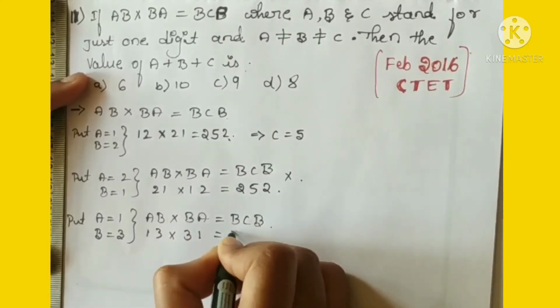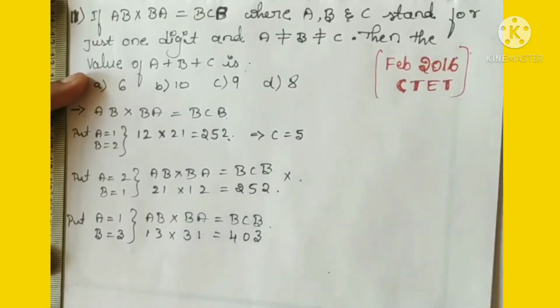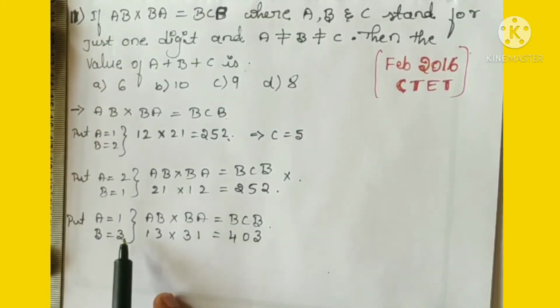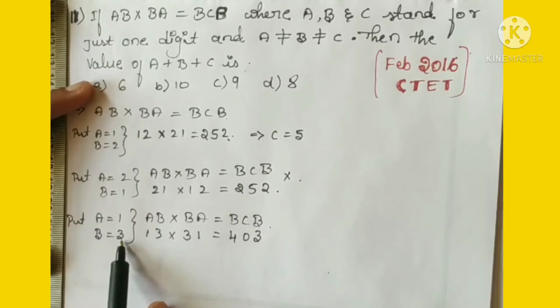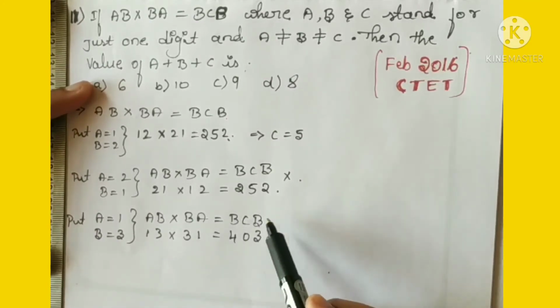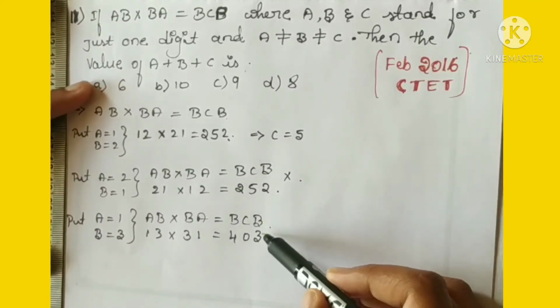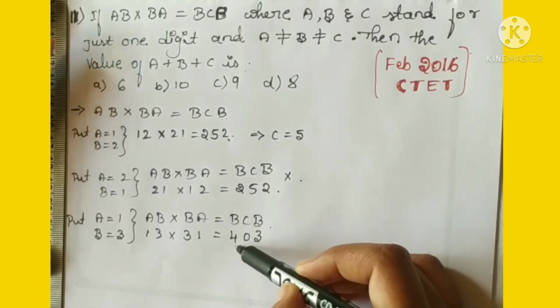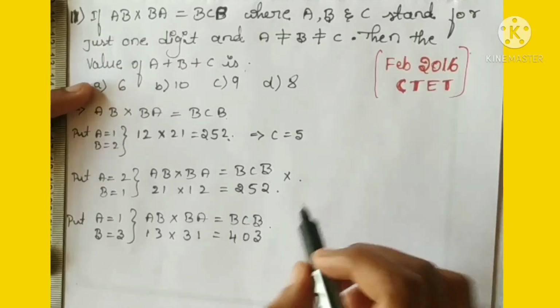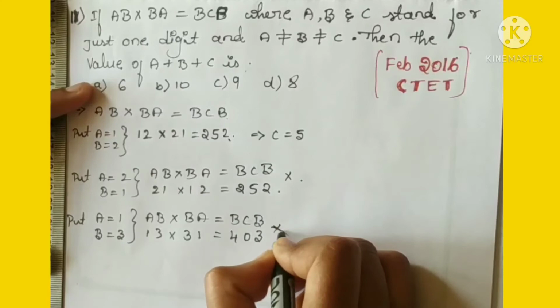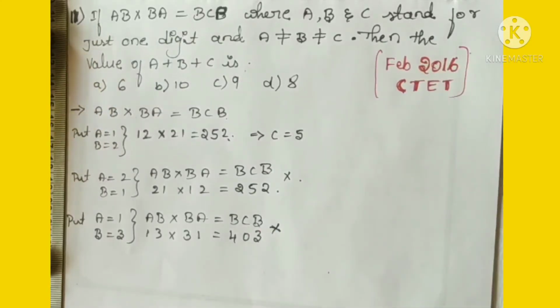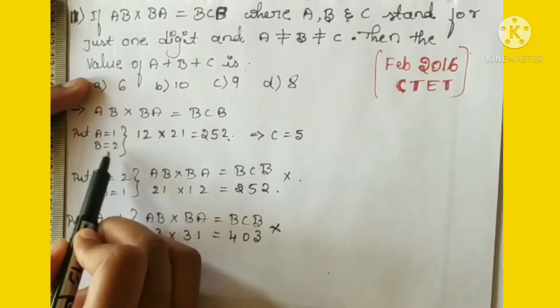I will get 403. Here also I just taken the value B is equal to 3, but in LHS I will get the value B is equal to 3 and also B is equal to 4. So this also not satisfied the condition. So this is also wrong. So here the condition satisfied with the values A is equal to 1 and B is equal to 2.